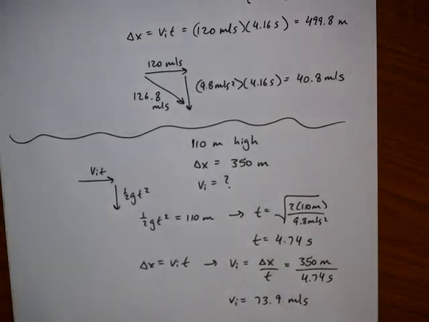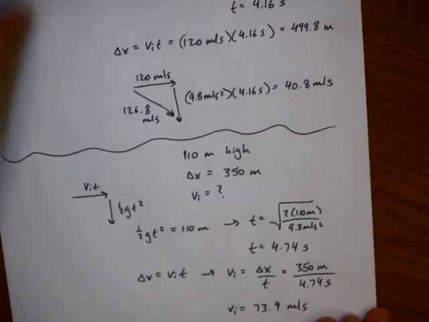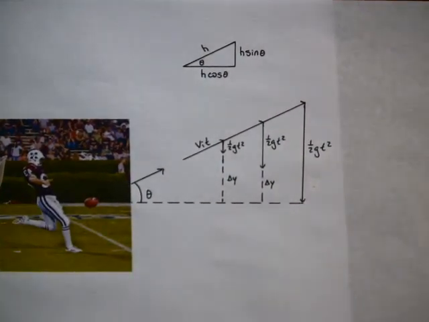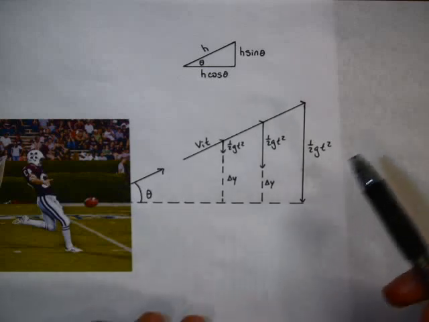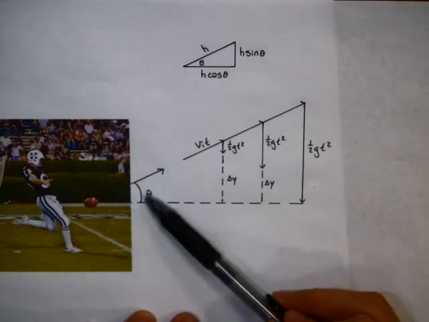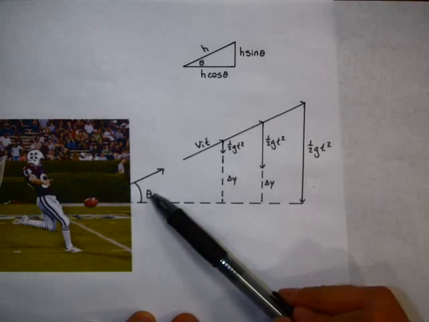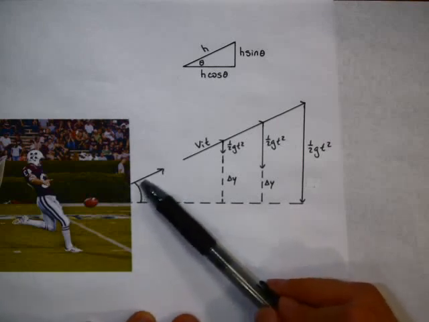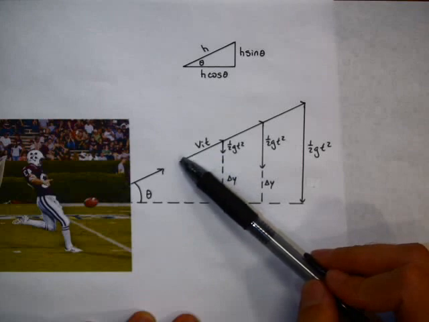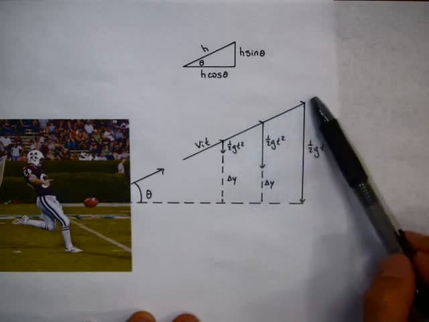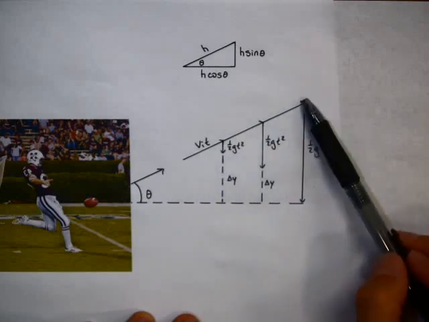Let's move to a football problem. Here's the vector diagram for football problems. This is a Greek letter called theta that we use to represent the unknown angle. Well, actually it's typically known, but this is a variable. The object's gravity-free path would be upward at an angle, so if there were no gravity, the object would travel along this path at a constant rate.